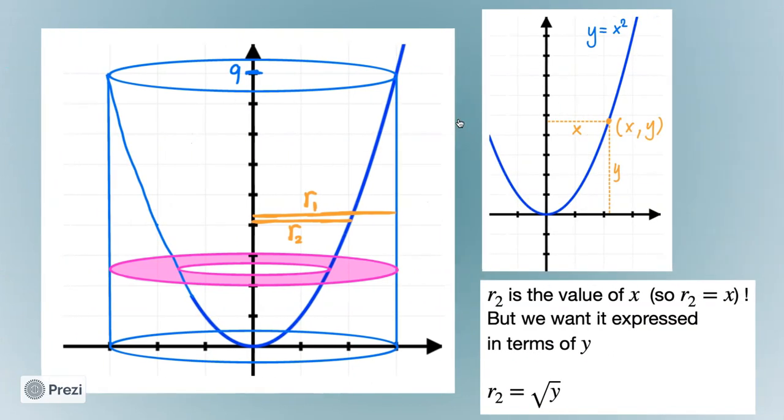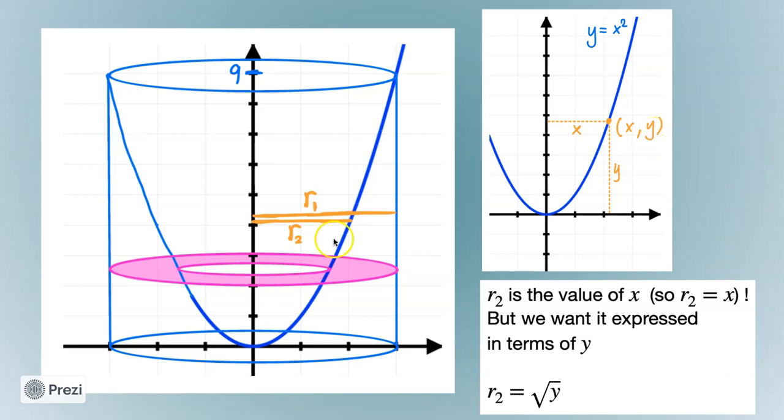For R2, it's a bit more difficult. How can we express R2? In particular, we need to express R2 in terms of y because we have an integral in terms of y. So to do that, we want to notice that for any point that I pick on the parabola, the point is always defined with the x-coordinate and the y-coordinate.